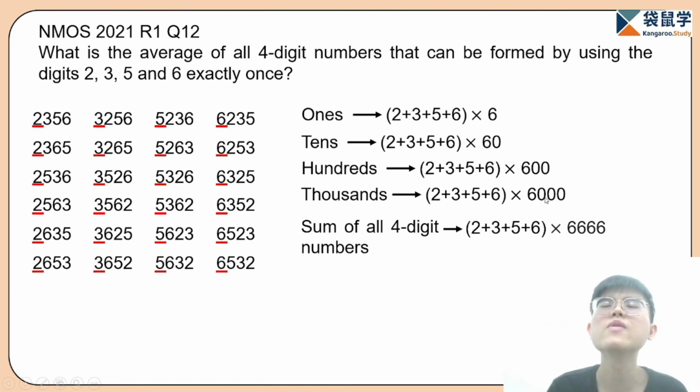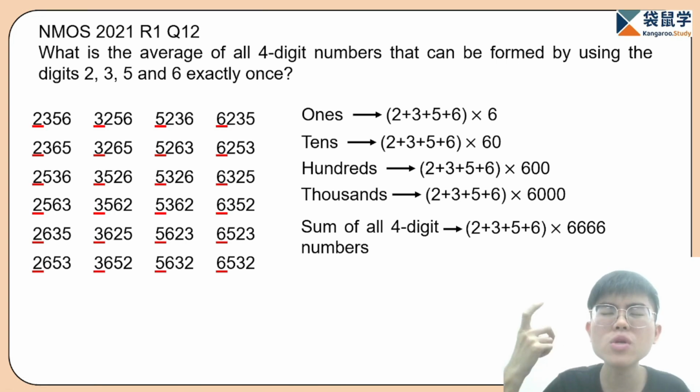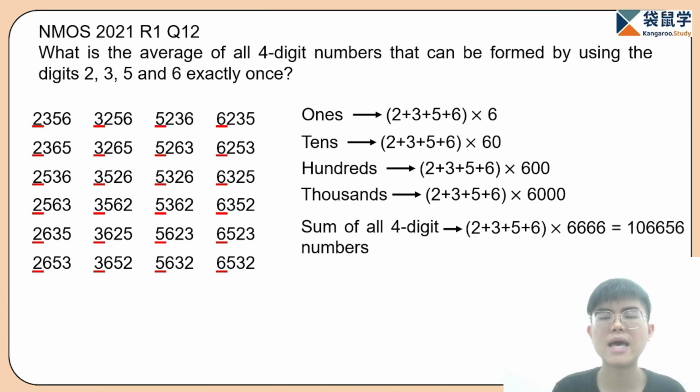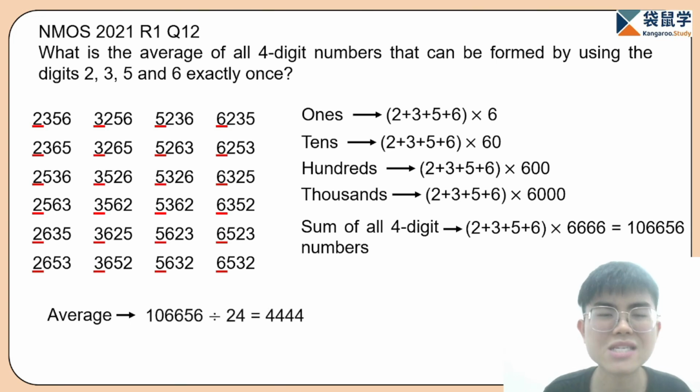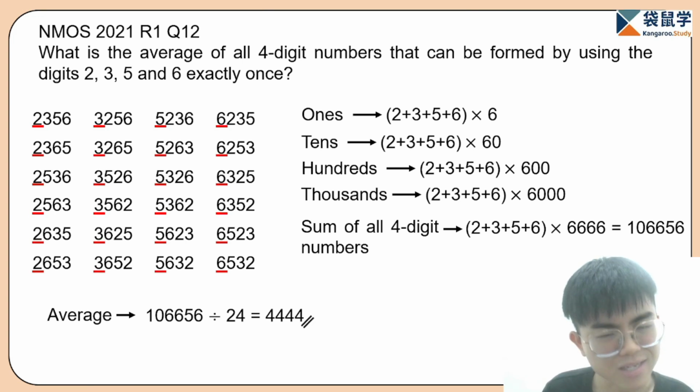It will be equal to 6666. So we just have to do this one multiplication, and you will see that the answer will be equal to 106656. So to find the average, we just have to use 106656 divided by 24, and the answer is 4444. And this is our final answer.